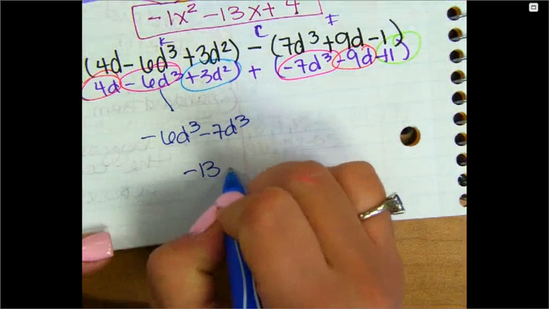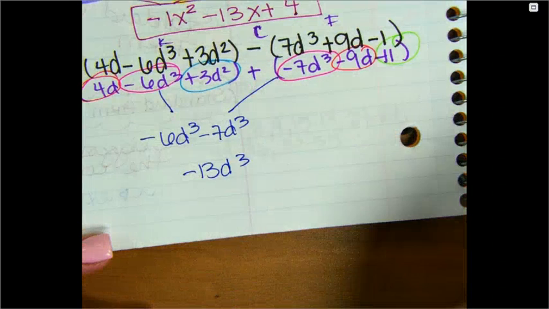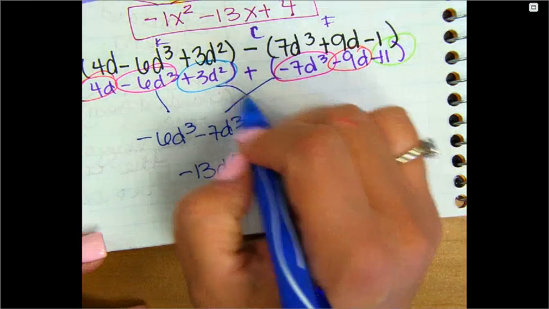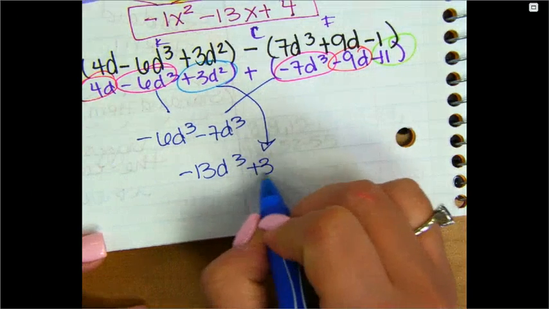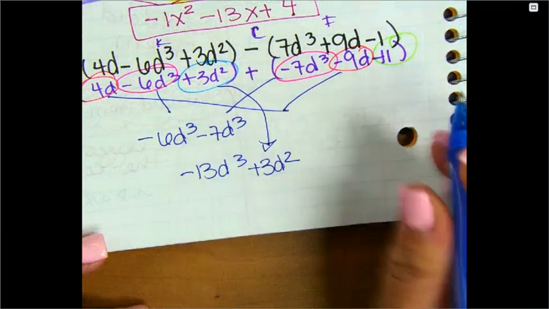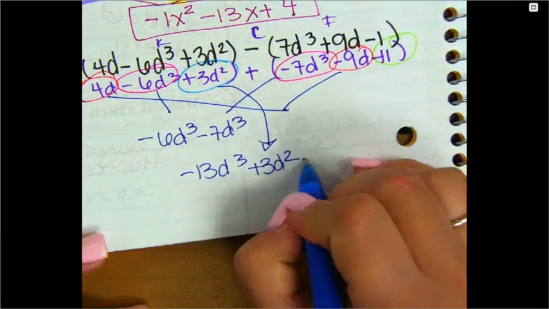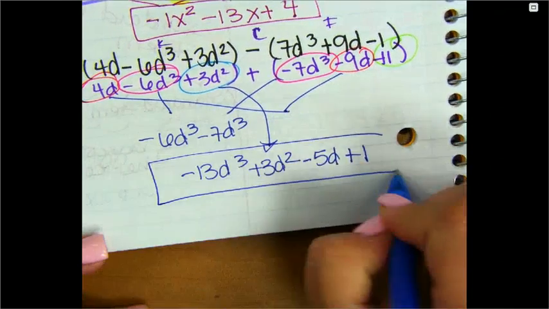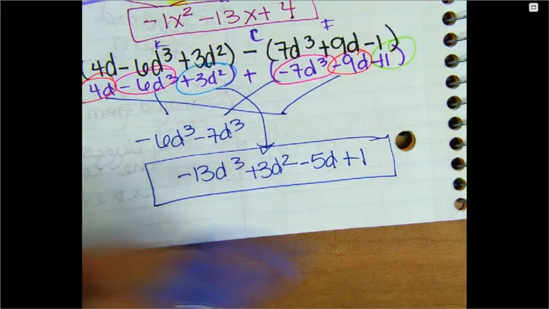Negative 13d cubed. Okay, those go together. What goes next? 3d squared, 4d and negative 9d, negative 5d, and lastly, plus 1. Who had that right? Okay.